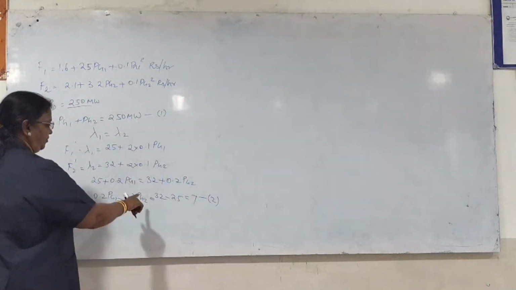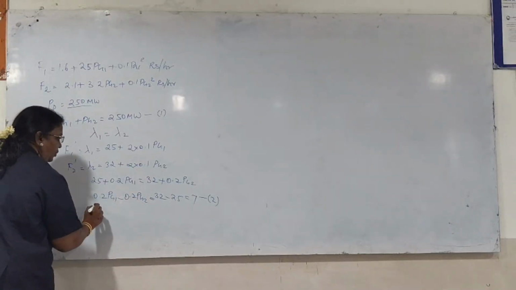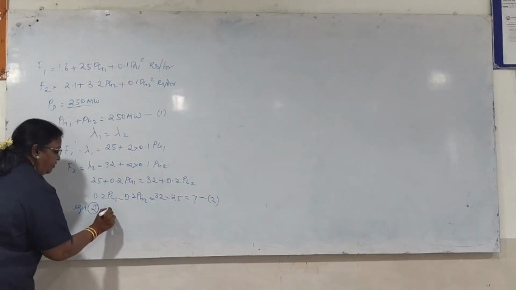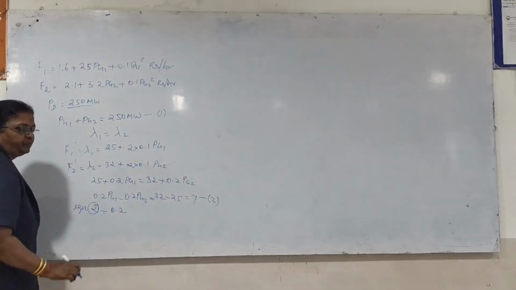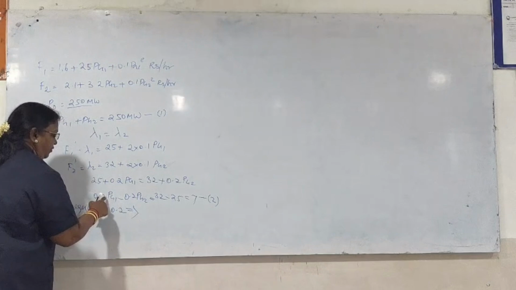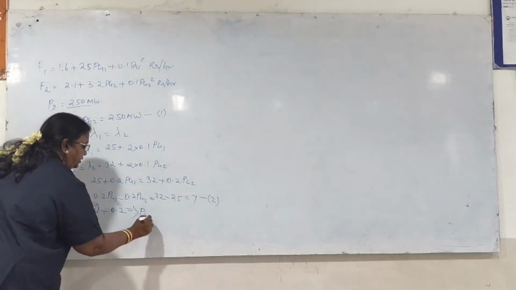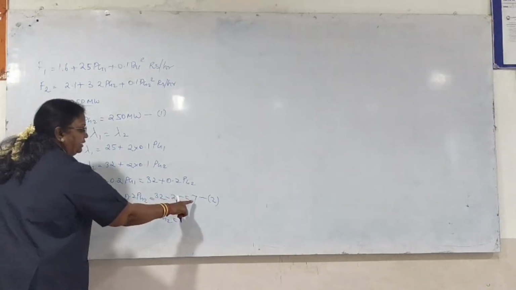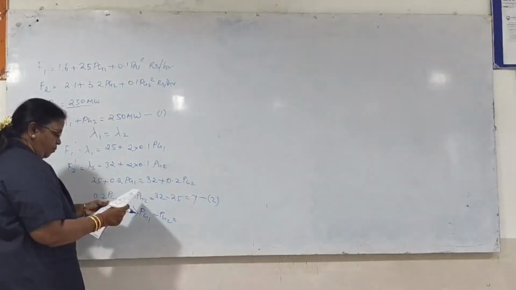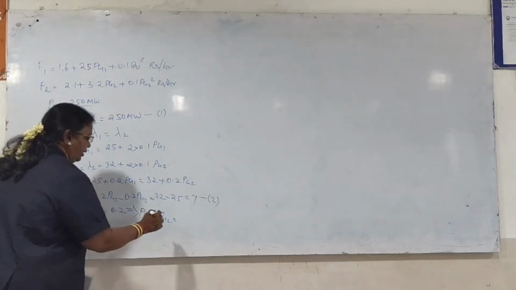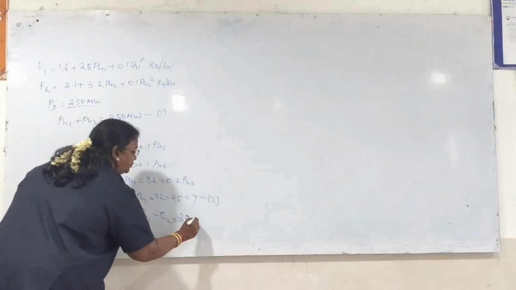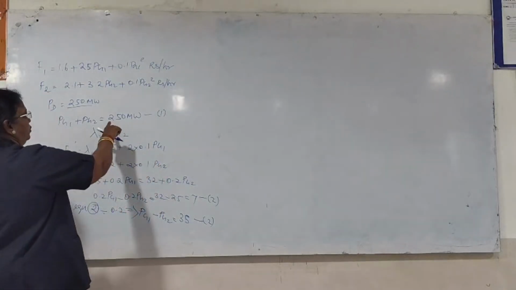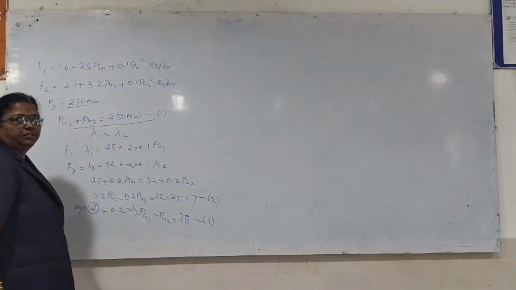So you have to simplify the second equation. Equation 2 should be divided by 0.2. If you divide by 0.2, you will get Pg1 minus Pg2, and dividing 7 by 0.2, you will get 35. So this is the second equation, and this is the first equation.